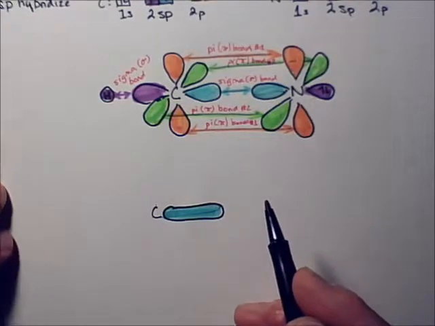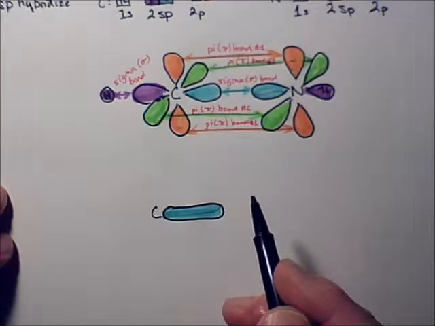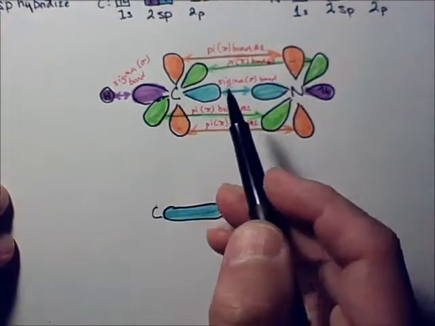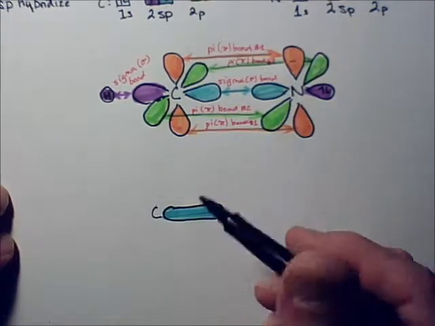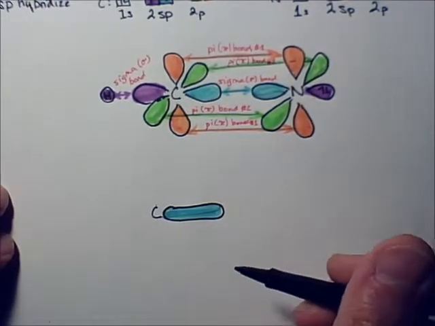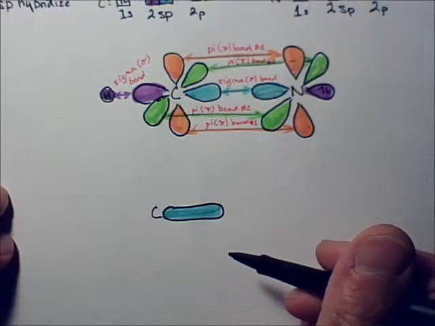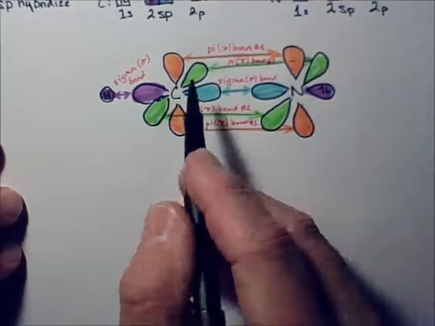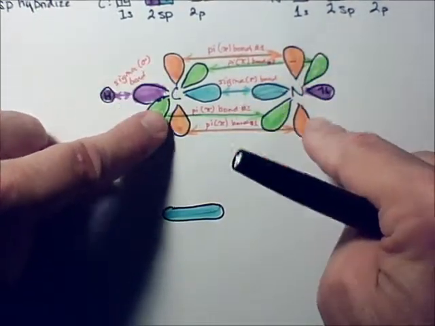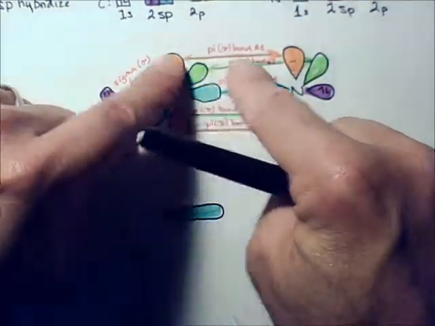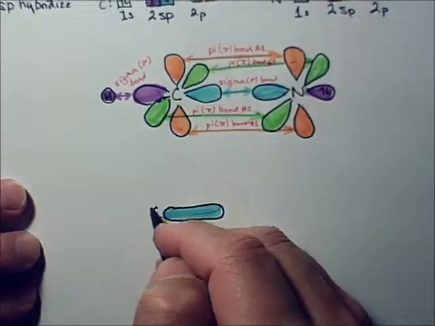So is this just a different way of drawing what we saw up there? Well, this is showing what it's going to do. This shows what happens when it does. Yes? Sure. Alright, so this orange set of p orbitals are going to reach out and touch each other like this, okay?